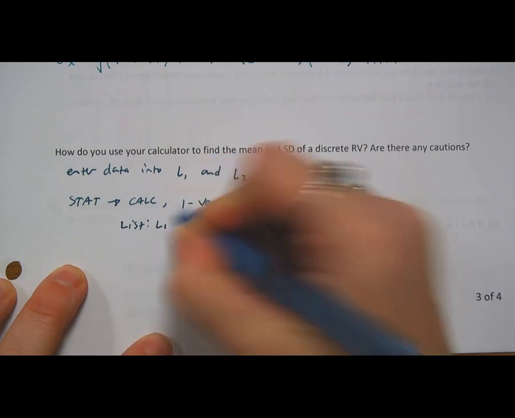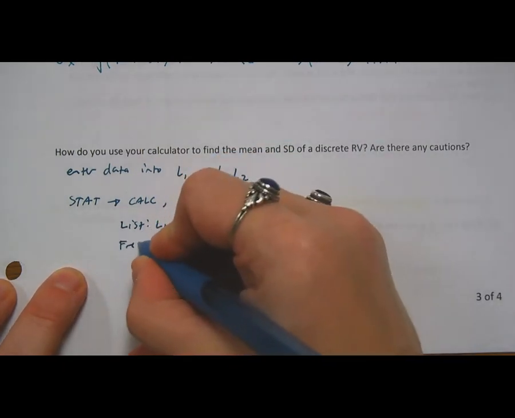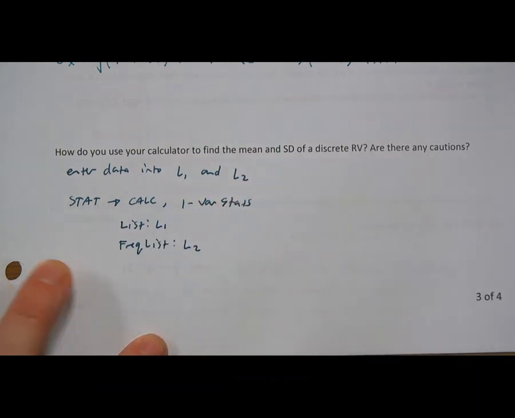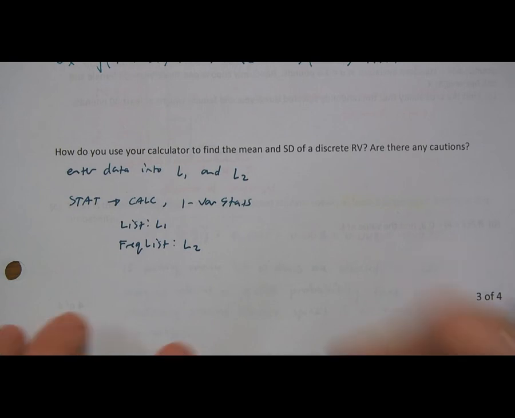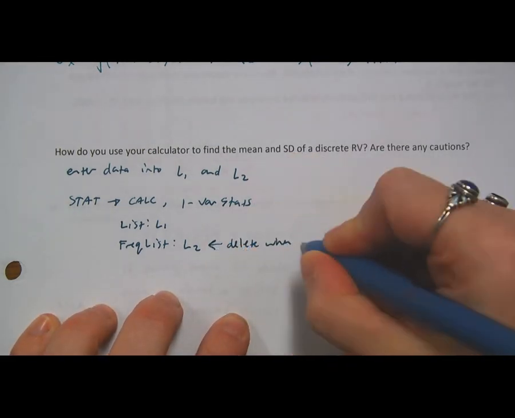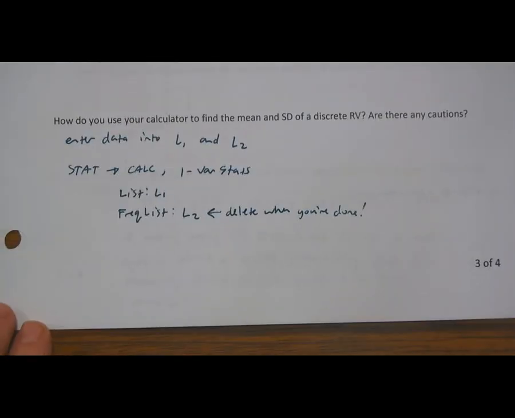You're going to make sure where it says list, you have list 1, and then we haven't done this before, frequency list, you're going to make sure is list 2. And delete when you're done. Be patient with me. Go ahead and copy down these steps.